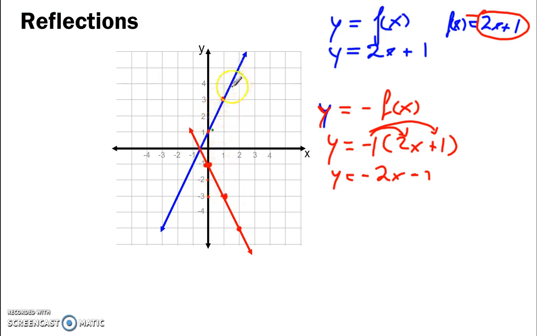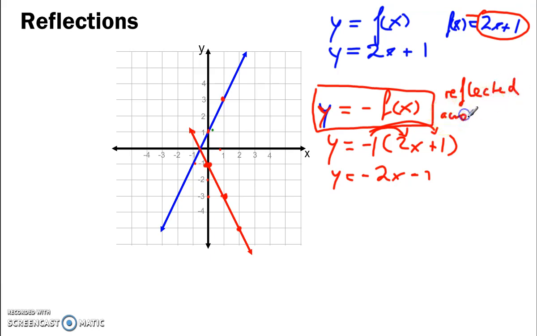So we've reflected this graph in the x-axis. So y equals negative f of x is reflected across the x-axis.